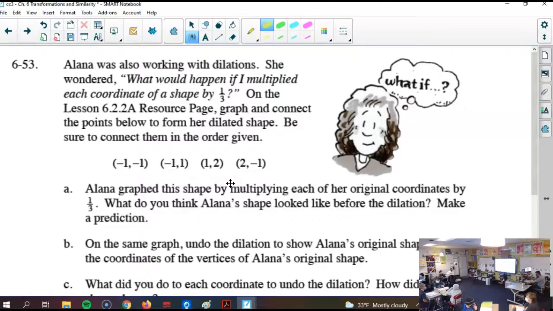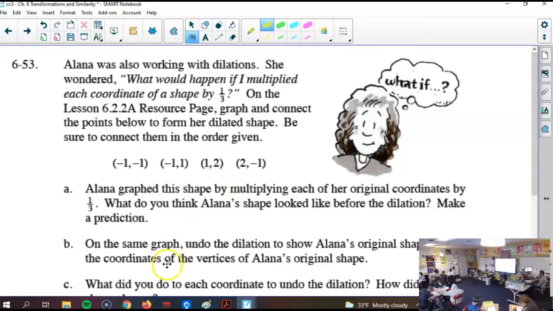Then, if the shape you just drew was the result of dilating by 1/3, draw the original shape on your paper. The shape you drew on your paper was the result of a dilation by 1/3.